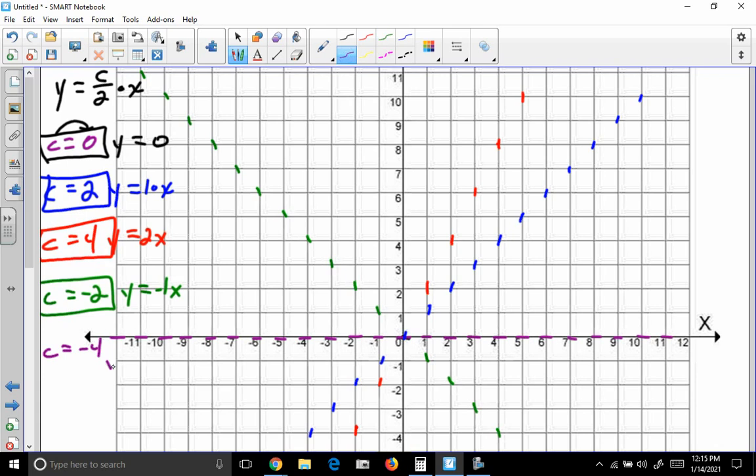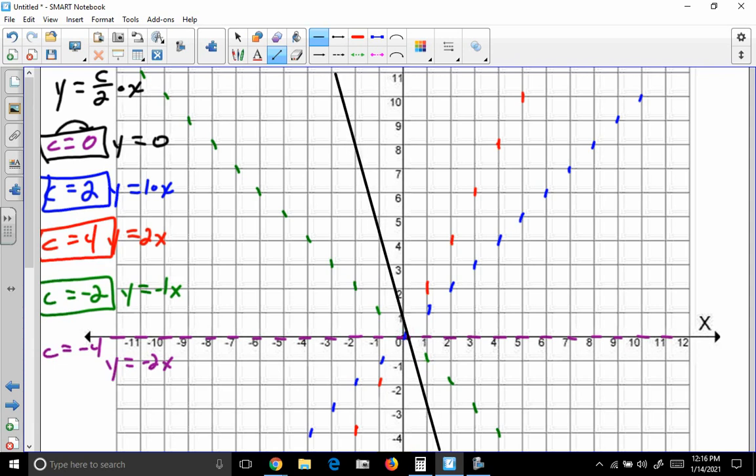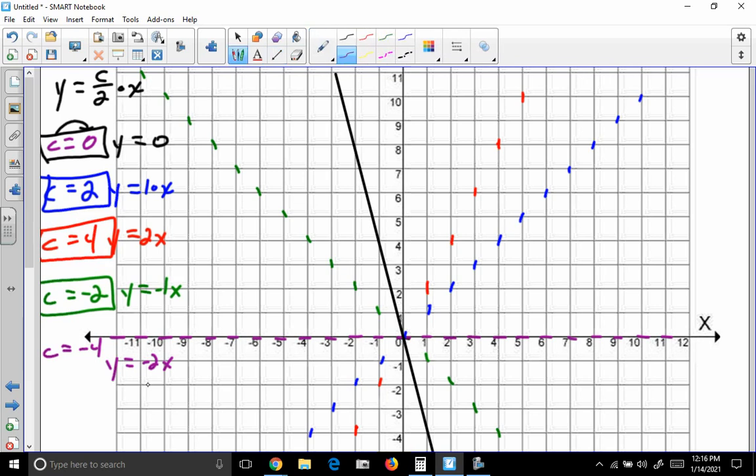When C is -4, we get y equals -2x. So let's again draw that isocline. If we have a slope of -4, it'll be about here. And on that line, I said it wrong, didn't I?